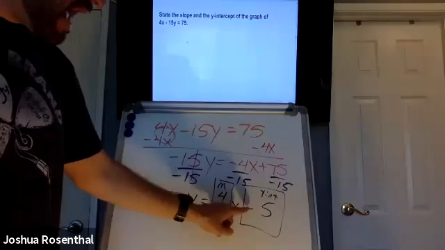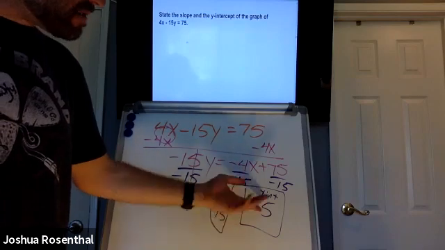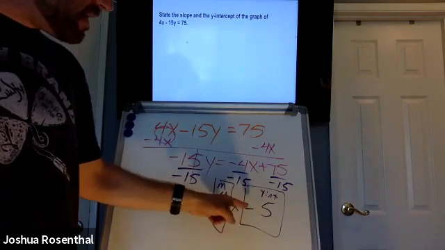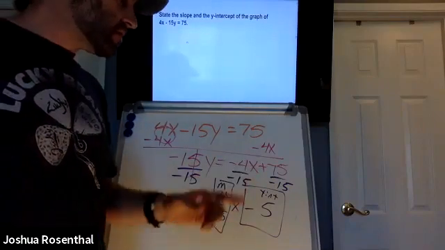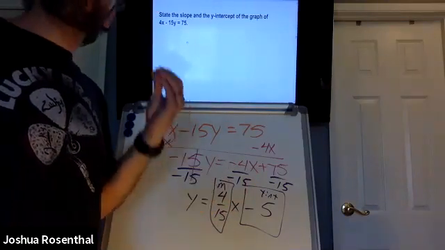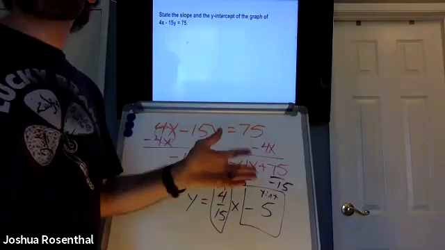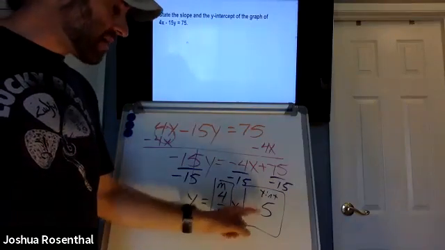There's your slope. There's your y-intercept with that sign. If it's plus, good. If it's minus, don't forget the minus. Some of you are going to forget the minus. If you say that the y-intercept is 5, you get it wrong. You must say that it's negative 5.